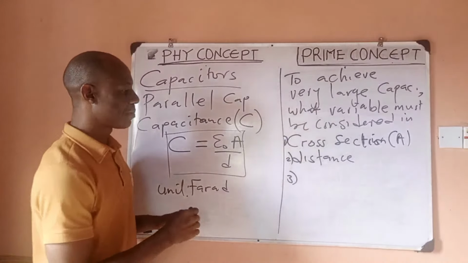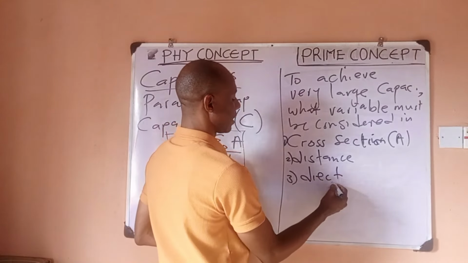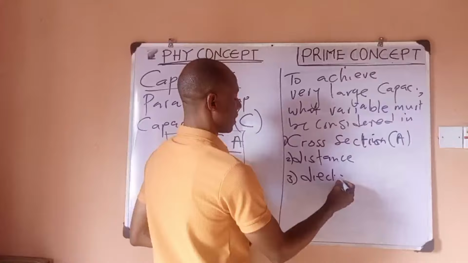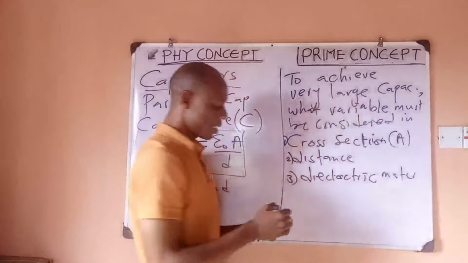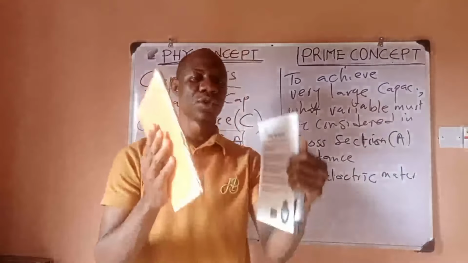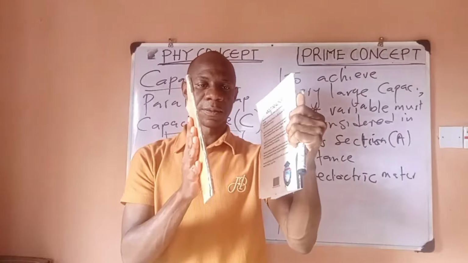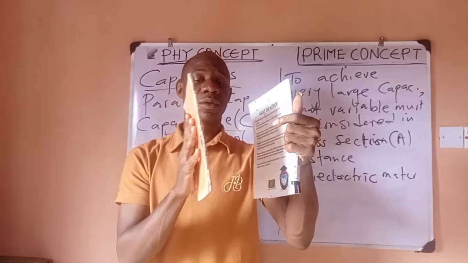Very quickly, the third parameter is the dielectric material. Like I said, parallel plate capacitors are built by two parallel plates like this. Most practical capacitors are not built this way.